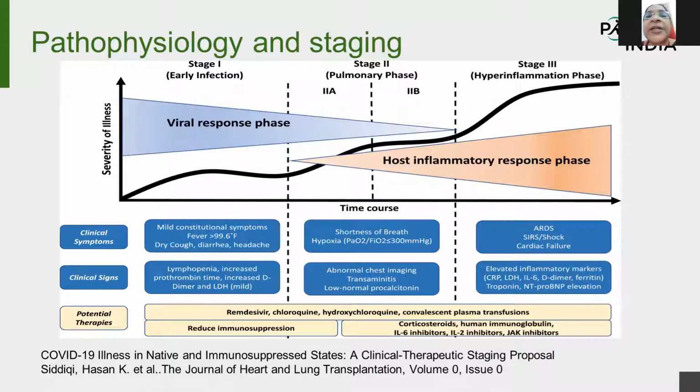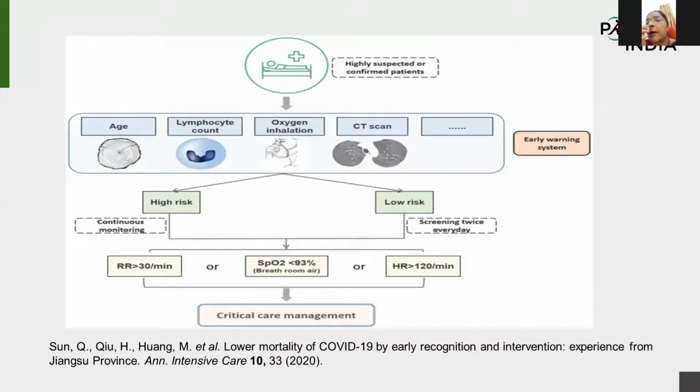Next slide, please. This paper, which was submitted from a province in China, in Annals of Intensive Care, has shown that age, lymphocyte count, oxygen inhalation, the CT scan findings, etc., are detrimental, and we need to monitor that.